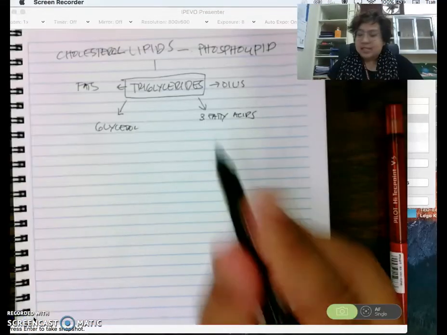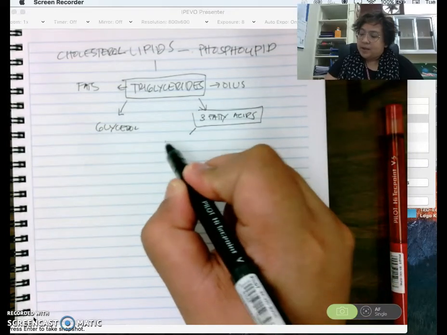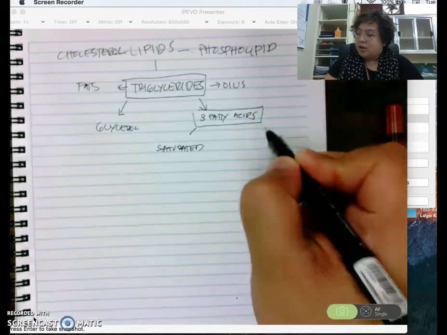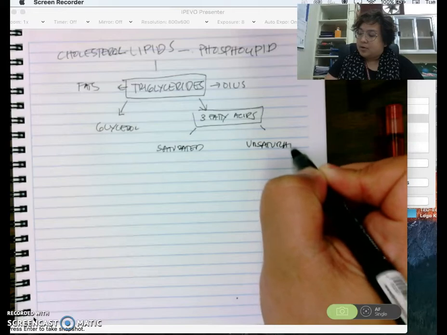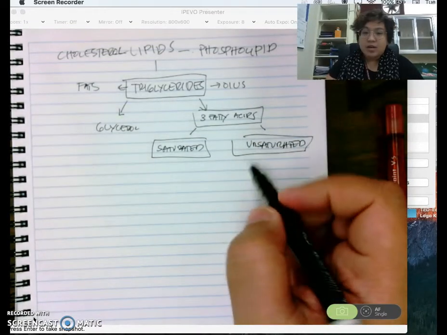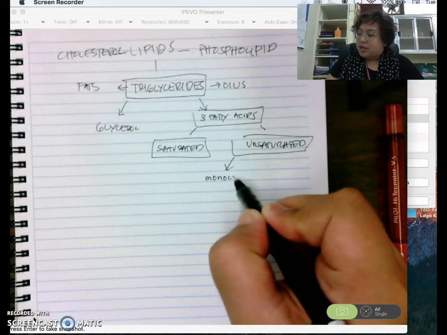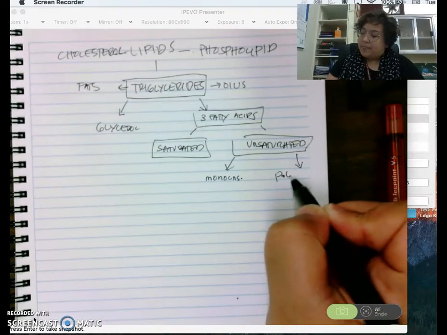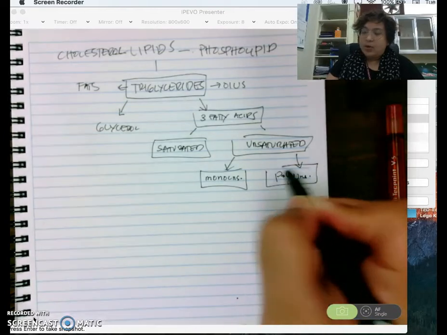Now, the fatty acids making up your triglyceride could either be saturated fatty acid or unsaturated. And your unsaturated fatty acid can either be monounsaturated or polyunsaturated. Now, quick review.